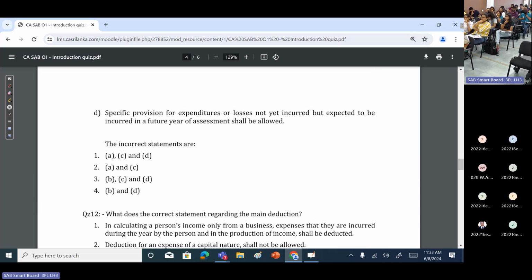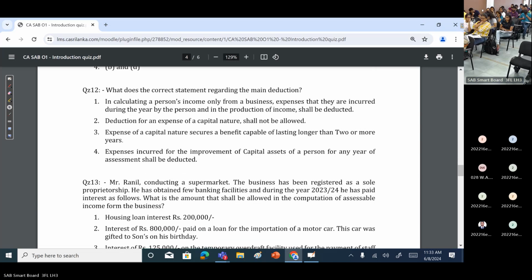A and C are correct. What is the correct statement regarding the main deduction? Sorry, it should be the correct statement, the incorrect statements are the other things.